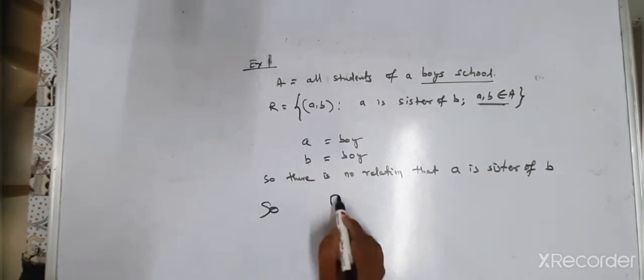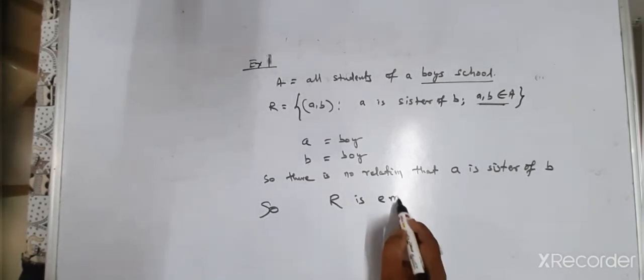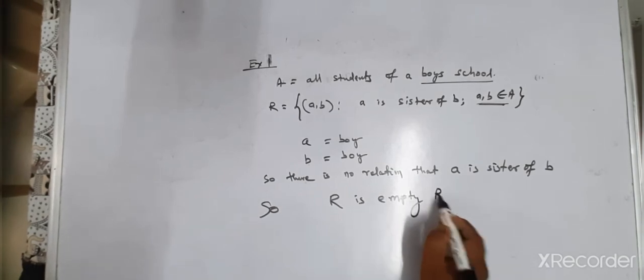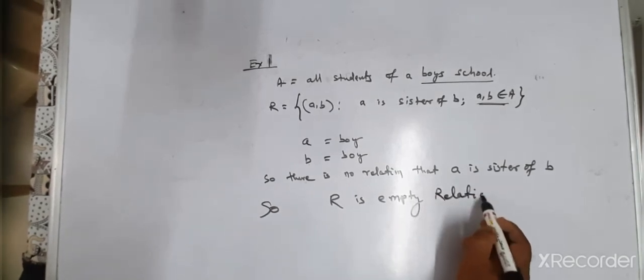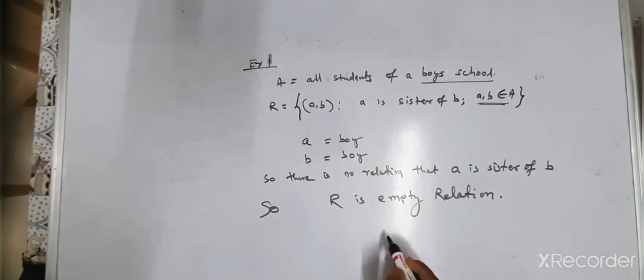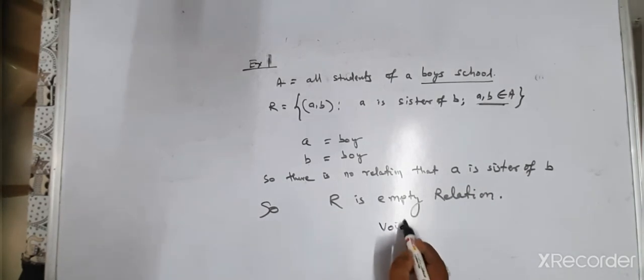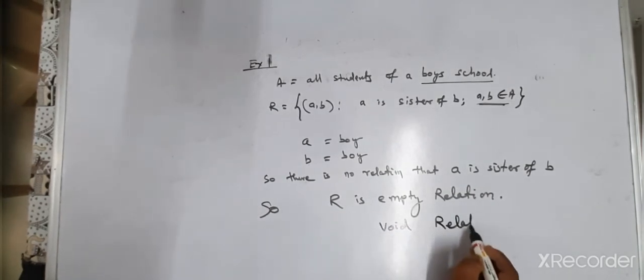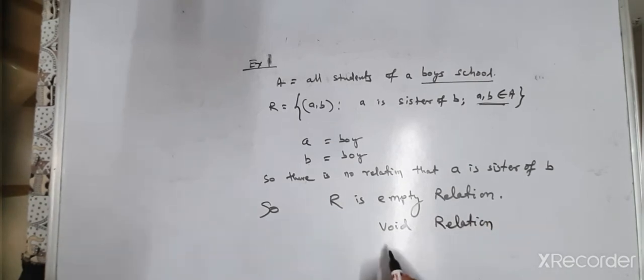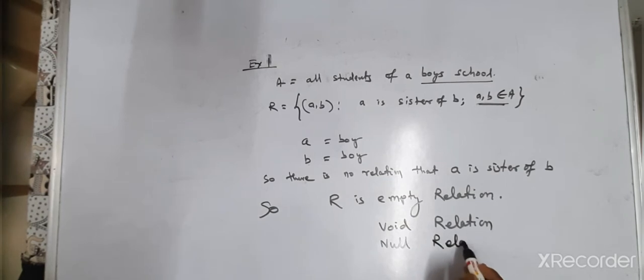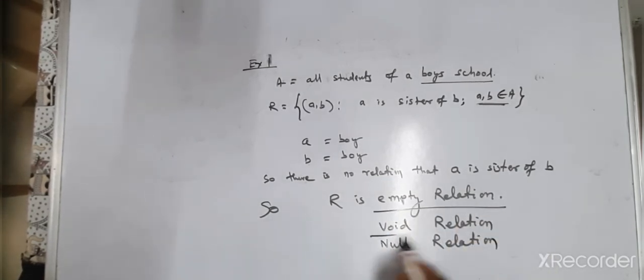So R is an empty relation, or you can say void relation, or null relation. Empty relation or void relation have the same meaning.